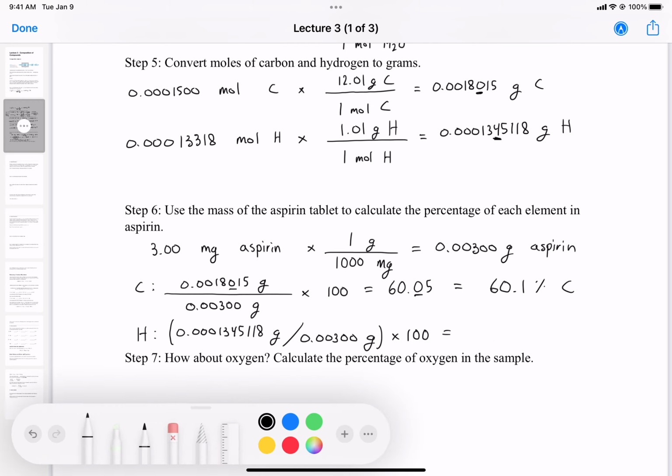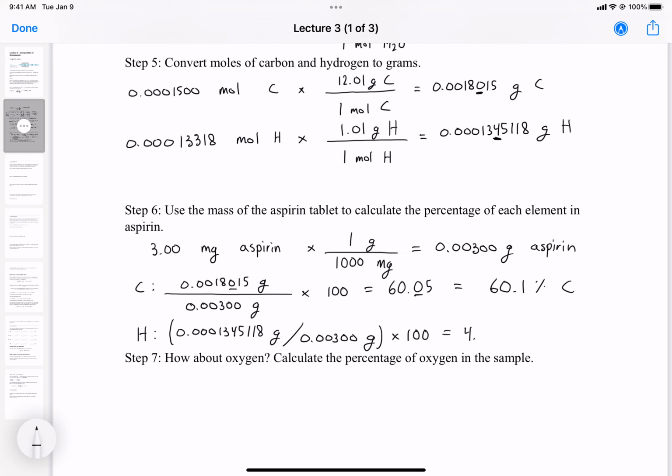We get 4.4837. So I wrote some extra digits, but we're going to round to this digit here for 3 sig figs. So we get 4.48% hydrogen.